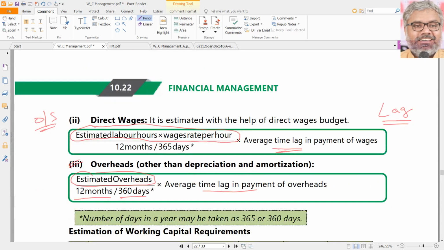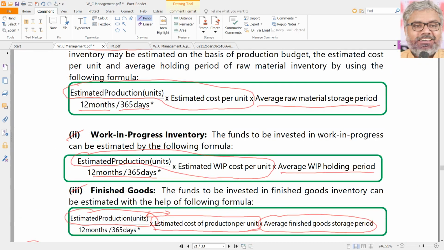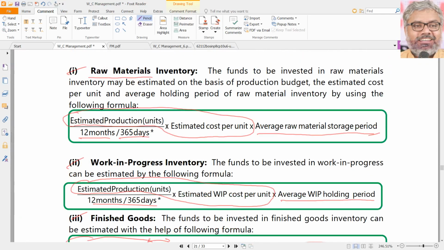That's it. If you understand the logic, the way we calculate is more or less the same, but the main point is what are we considering here? Multiplying with, let us say, 15 days by 365 days is not a big deal. Everybody will do this. So this right side portion is not the important point. That is given in the question straight away. What is the important portion? This portion is important, and same way, this portion is important here.